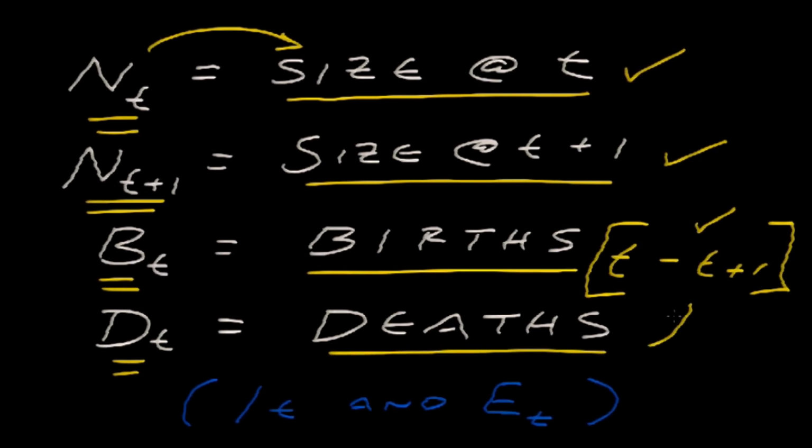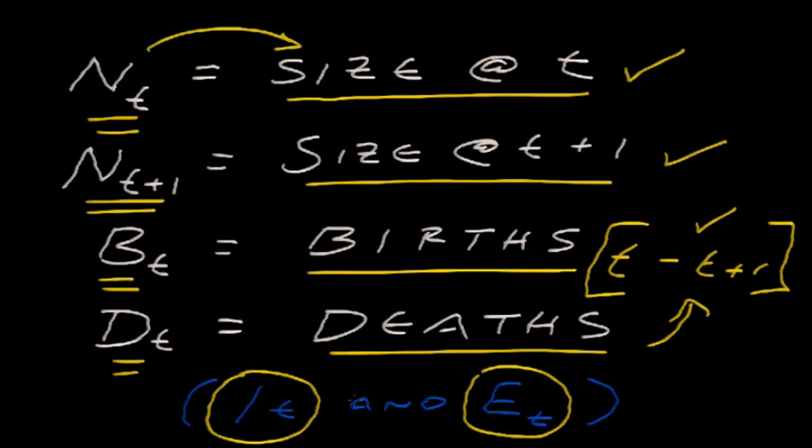And that's, of course, again, between t and t plus 1. We could tack on a couple of other components. I mentioned that we're not going to do that, but in some circumstances we add the number of immigrants here and the number of emigrants into our model.